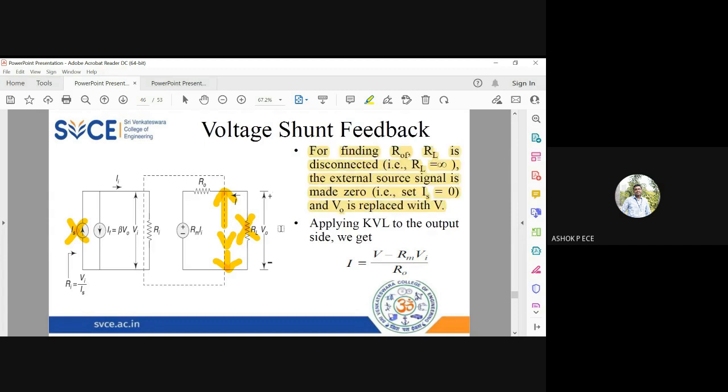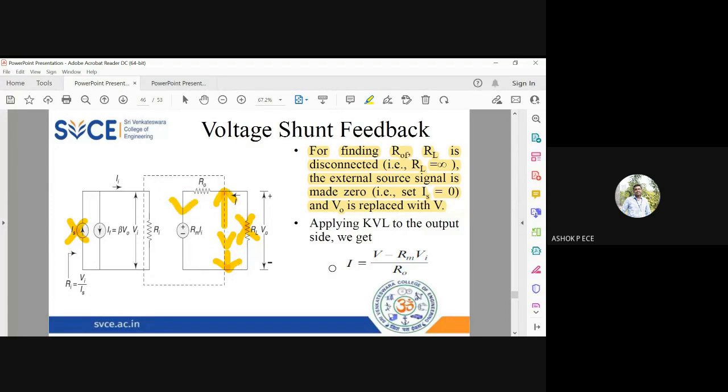So you can see you can apply KVL here. The general logic is, when you have two voltage sources, the current will always be assumed to flow away from the voltage source. So the current from Rm Ii will be flowing like this, and the current from V will be flowing like this. So both are opposite. We assume that the value of V we apply is very large, so effectively the current will be flowing only in this direction.